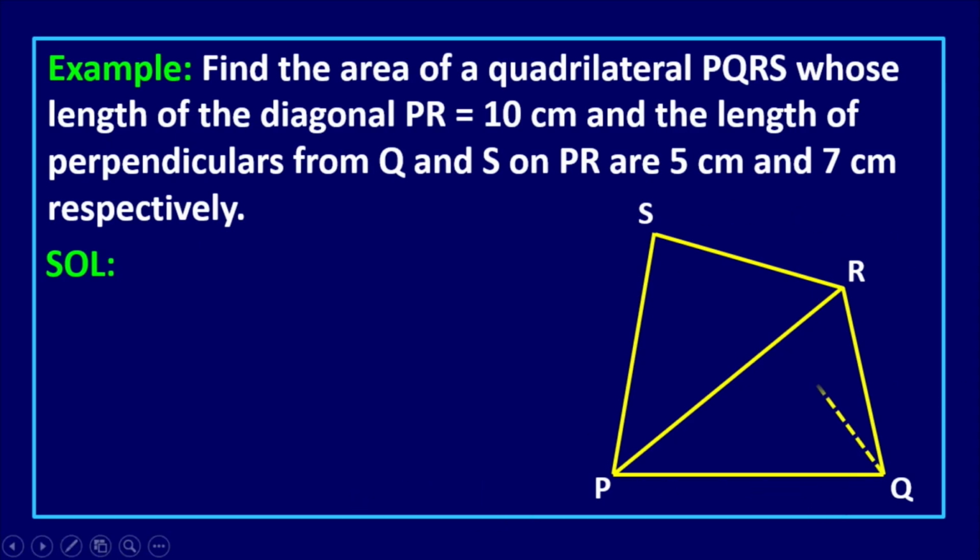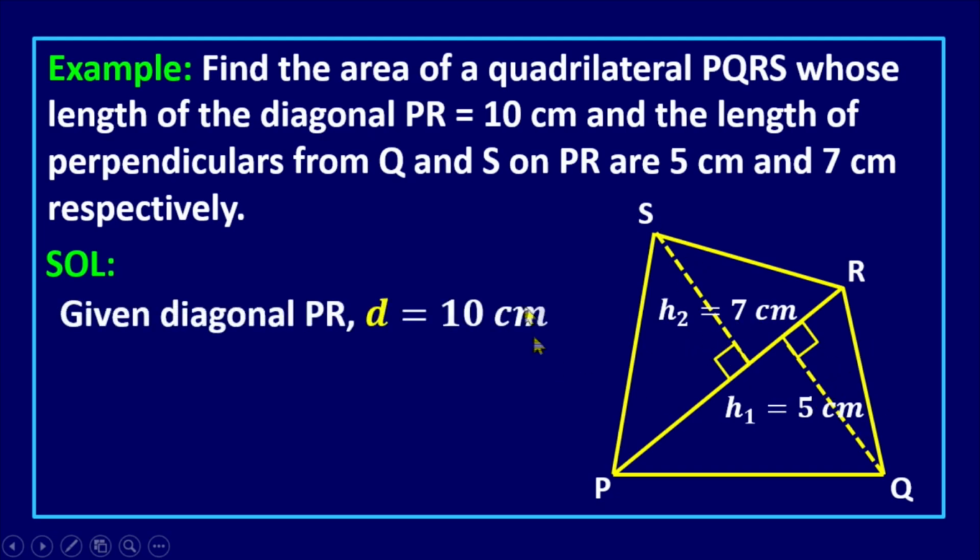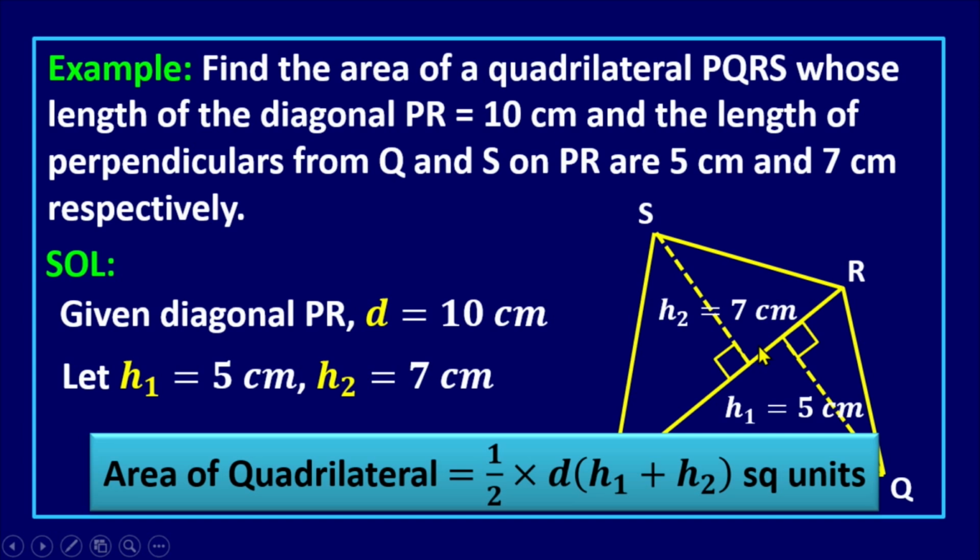In this, I am going to draw an altitude from Q and from S, this one 5 centimeters in length and this altitude 7 centimeters in length. So the length of the diagonal D is 10 centimeters, H1 is 5 centimeters, H2 is 7 centimeters, and using this formula of area of quadrilateral, we can find its area.